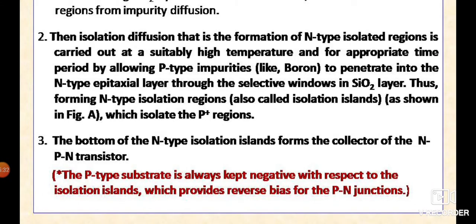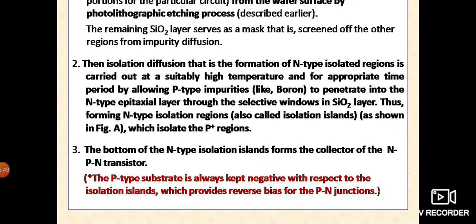Please note here, the p-type substrate is always kept negative with respect to the isolation islands, which provides the reverse bias for the PN junction. When we connect the negative terminal of a power supply or a voltage source with the p-type semiconductor, here the substrate, then it actually makes the PN junction reverse biased.